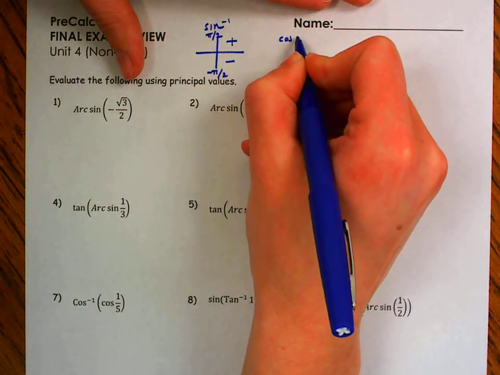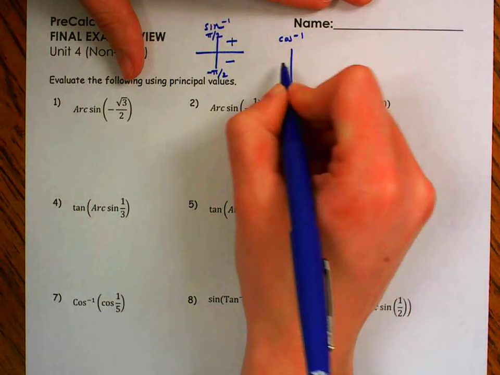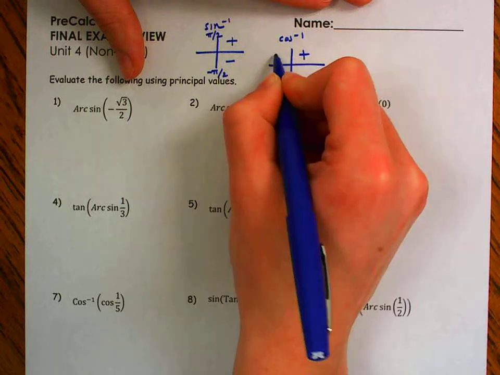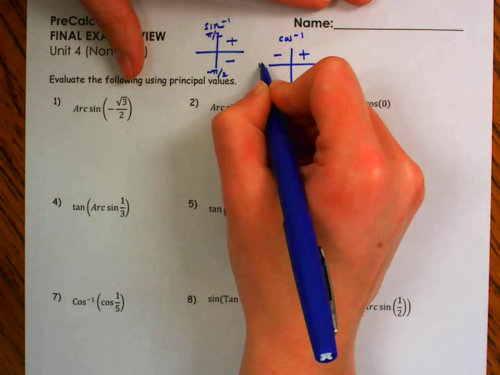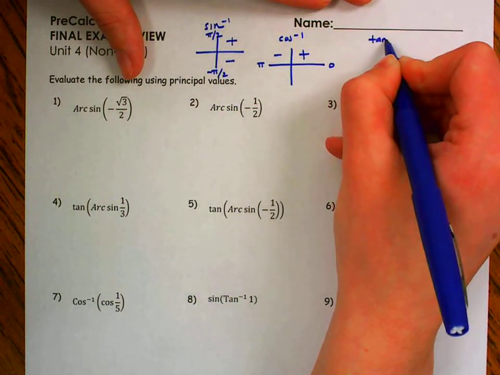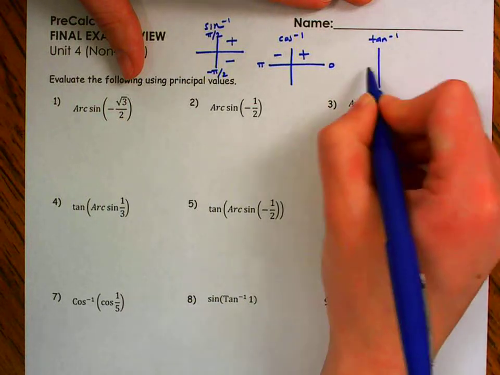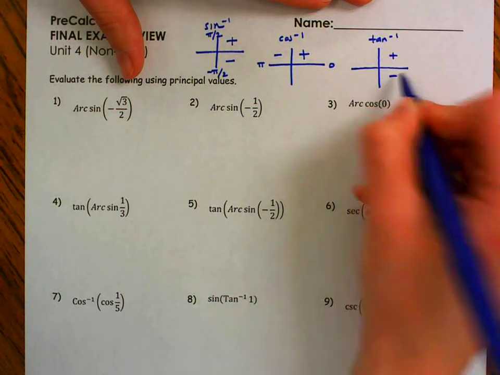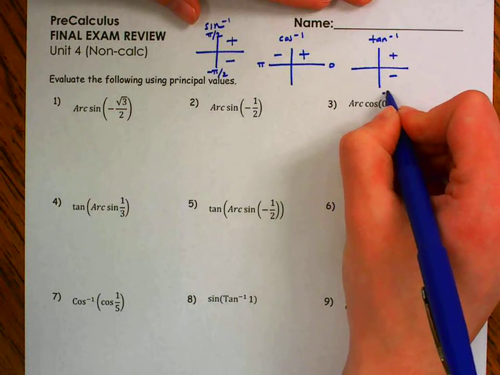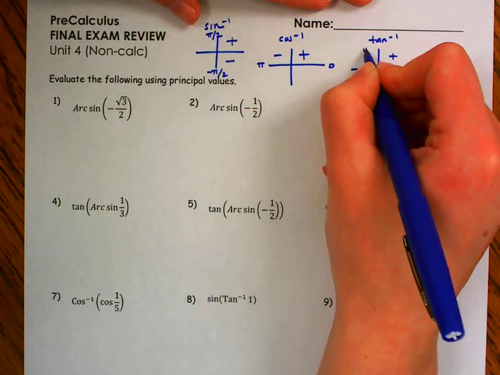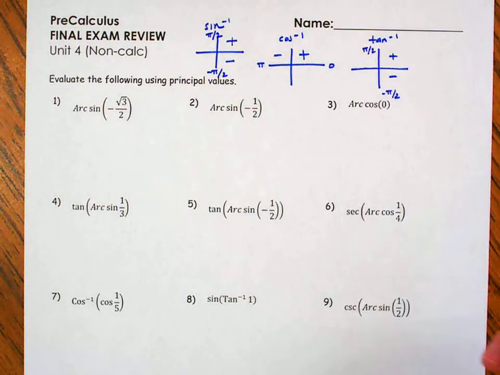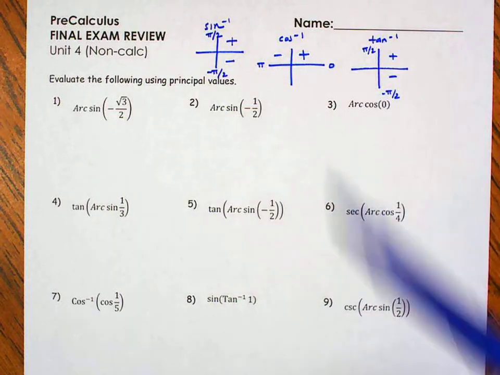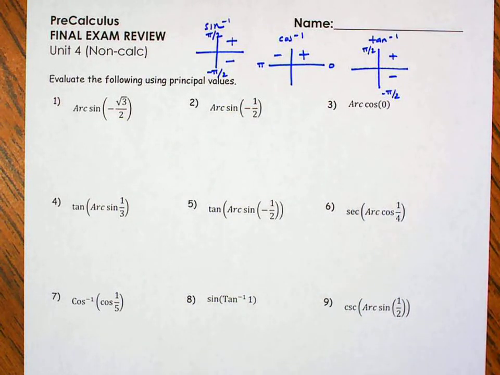For cosine inverse, I use the first and the second quadrant, and I go from 0 to pi. And for tangent inverse, it's actually the same as sine. My positive answers are here, my negative answers are here, and I go from negative pi over 2 to pi over 2. So remember, when I use principal values, I should only have one answer because I'm restricted to one positive and one negative quadrant.